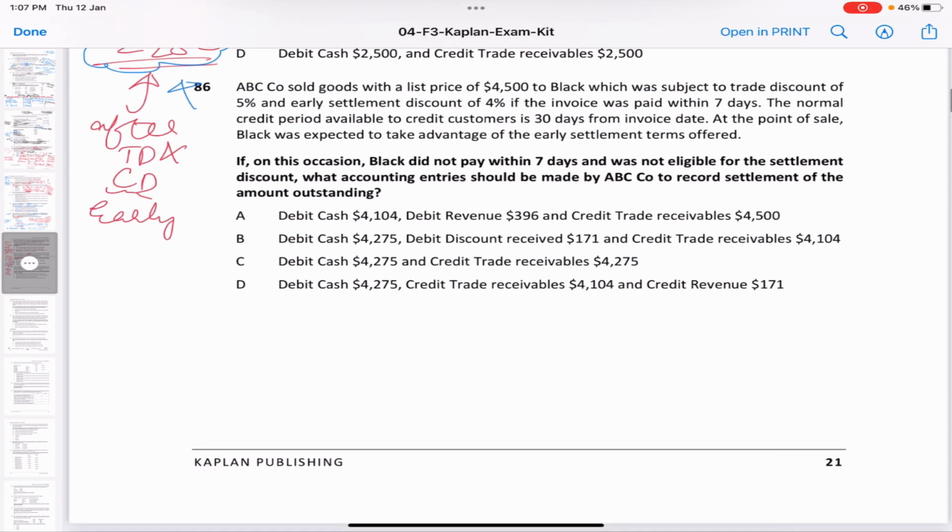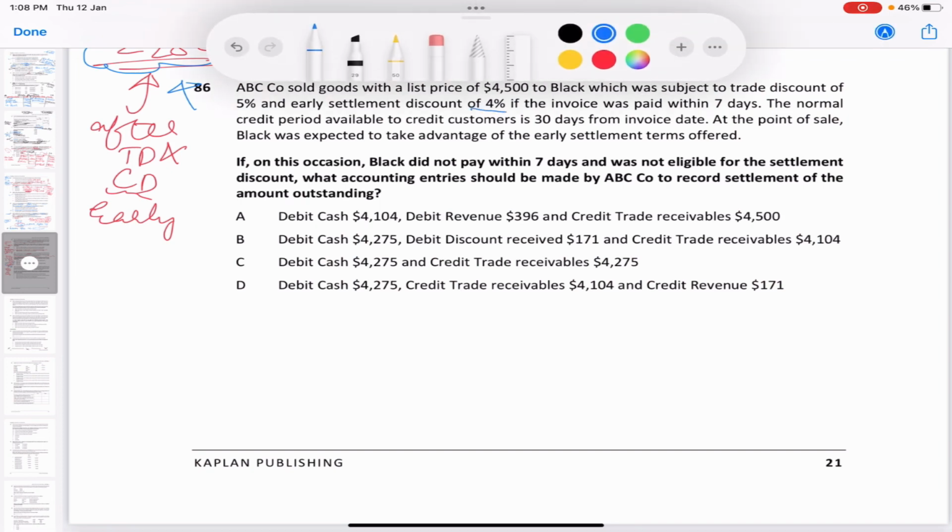Okay, ABC company sold goods with a list price of 4500 subject to trade discount of 5% and early settlement discount of 4%. Black was expected to take advantage, but he did not pay.